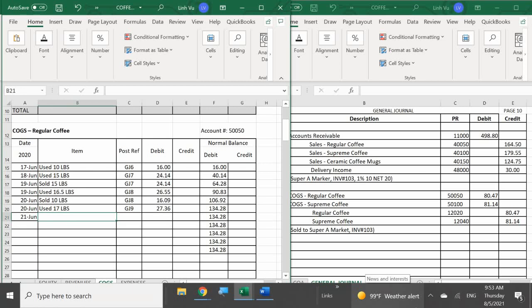We sold 50 pounds. In general journal 10. Debit of 80.47 for a grand total of 214.75. Good. 214.75.